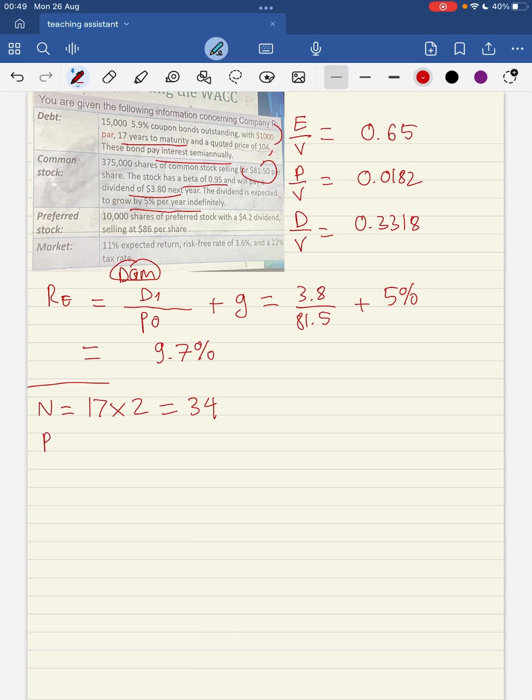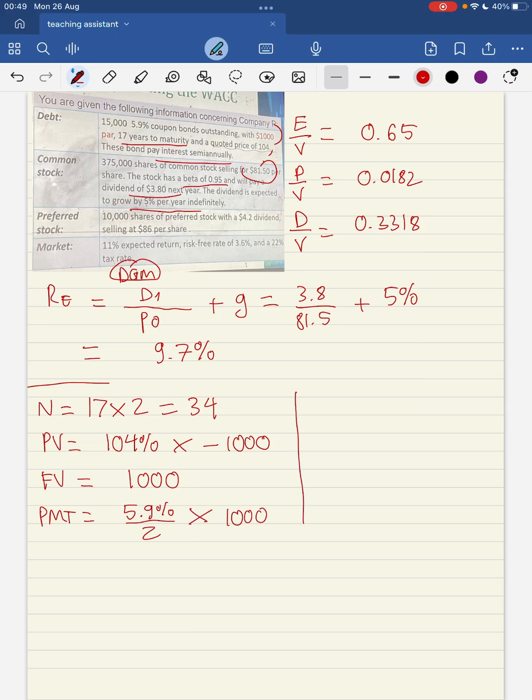Next is the present value. The present value will be equal to 104% times minus 1,000. This is the price that we purchased the bond at. The future value will be equal to 1,000 because it's the par value. Then we have the payment, the PMT, equal to 5.9% divided by 2, again because it pays interest semi-annually, times 1,000.